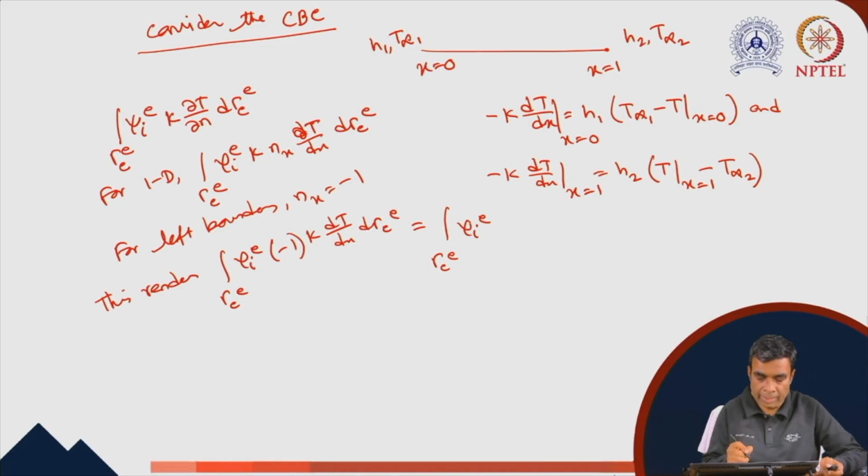equals integration over Γ_CE of ψ_IE, and minus K dT/dx represents h1 into (T infinity 1 minus T at x equals 0) dΓ_CE.